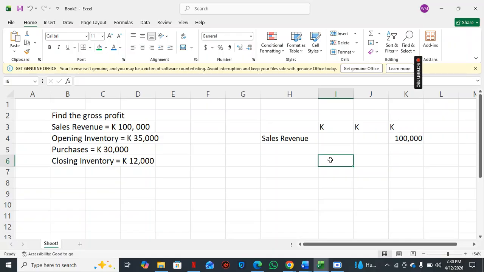Okay, that's the first item. Then after you've got your sales revenue, the next thing you need to calculate is your cost of goods sold. So I'll put here cost of goods sold.